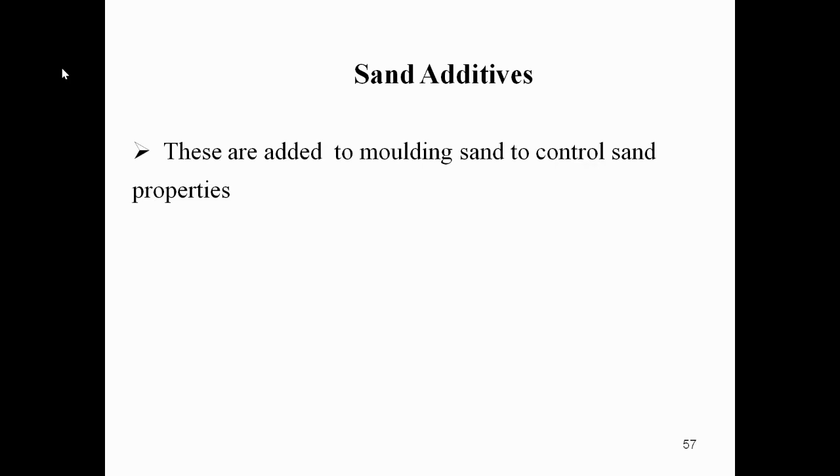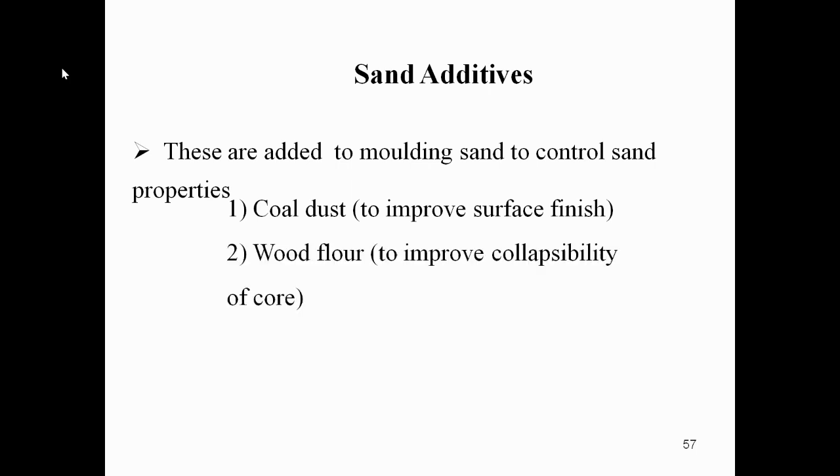This is the last topic, I think. That is sand additives. These are added to molding sand to control sand properties. By adding these sand additives, we can control the molding sand properties. First is coal dust. Coal dust is used to improve the surface finish of the molding sand.